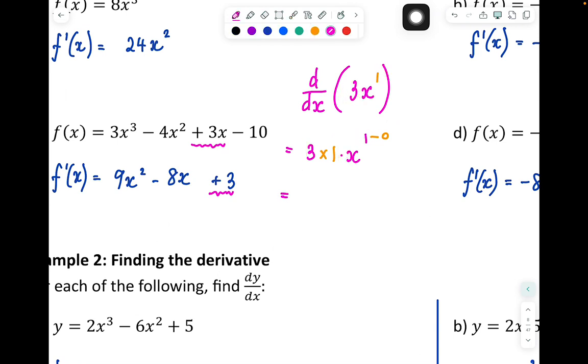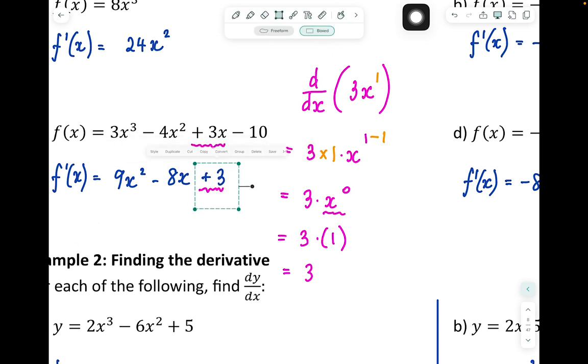We're going to end up with 3x, subtract the power by 1, 3x to the power of 0. x to the power of 0 is 1. Therefore, you end up with 3. So if it's x to the power of 1, it becomes x to the power of 0. The variable of x disappears. However, you keep the coefficient at the front.